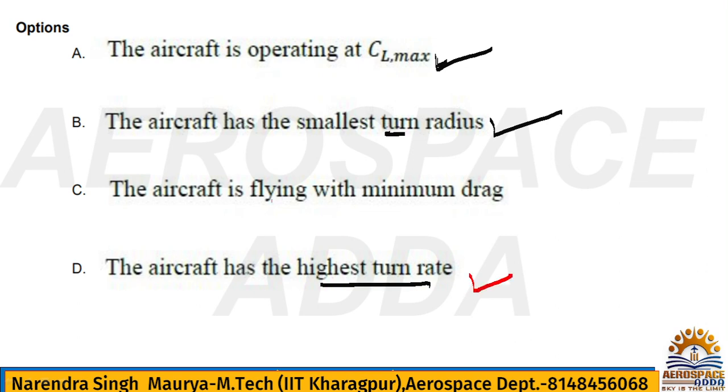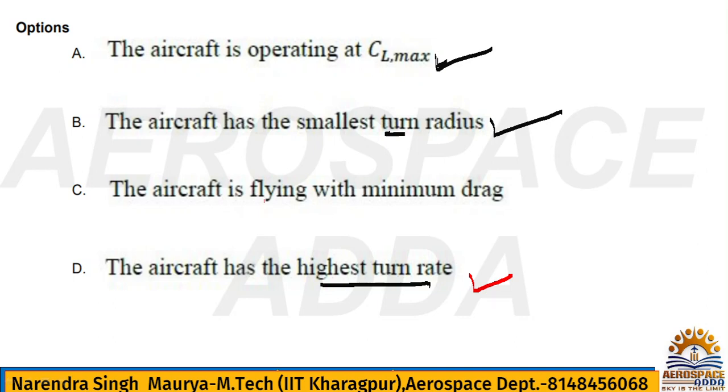Now coming to option C, I told you to hold on for option C. Aircraft is flying with minimum drag. See, for the minimum drag condition, it is not like the others, which were related to the load factor.